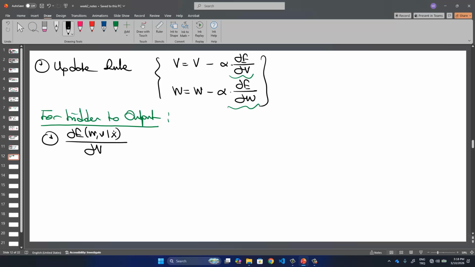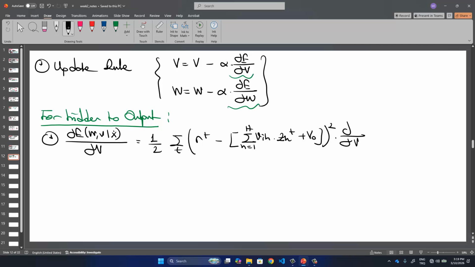Okay, so for the derivation of these terms, E, the total summation, is given on the right hand side, and y_t is equal to the sum over h of v_h z_h^t plus v_0. Okay, and the square form, partial derivative with respect to v_h.